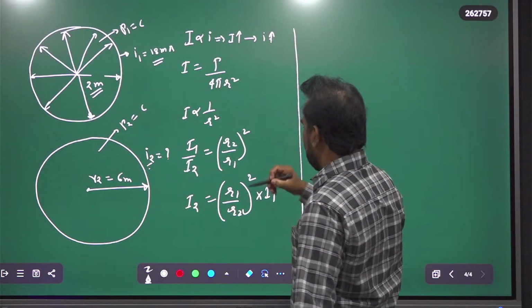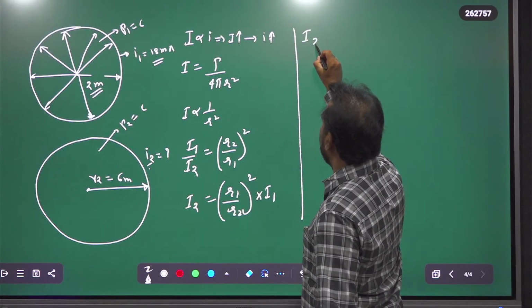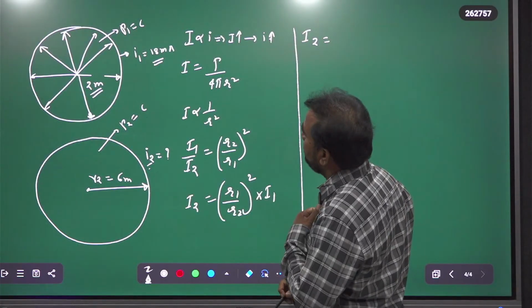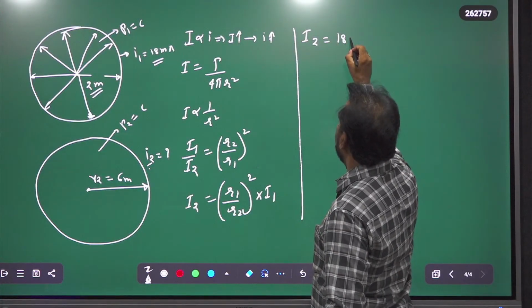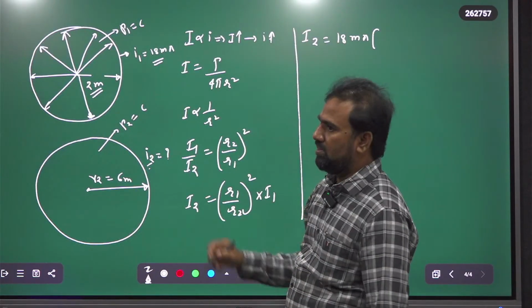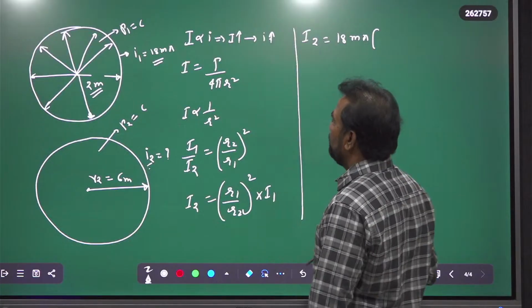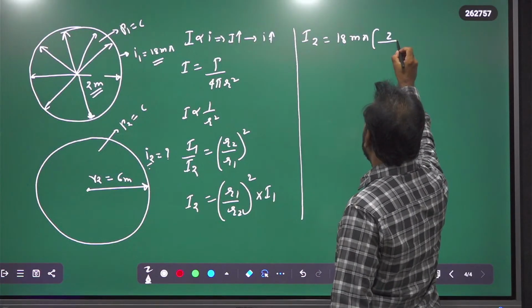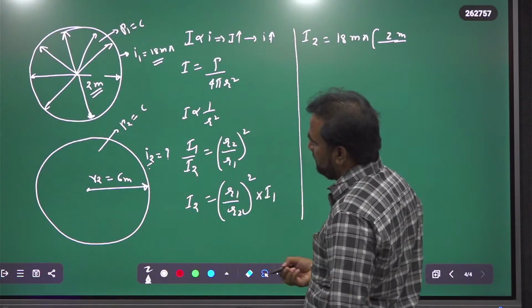Therefore, the value of I2 is equal to I1, which was given as 18 milliamps, into R1 upon R2, whole square. R1 was given as 2 meters, and R2 was given as 6 meters.